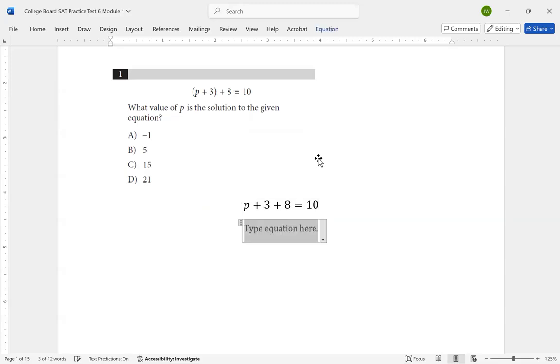Add 3 and 8 to get 11. You'd get P plus 11 is equal to 10. And then subtract 11 from both sides. That would give you P is equal to -1. And so your final answer is that P is equal to -1, and the solution to the equation is A, -1.